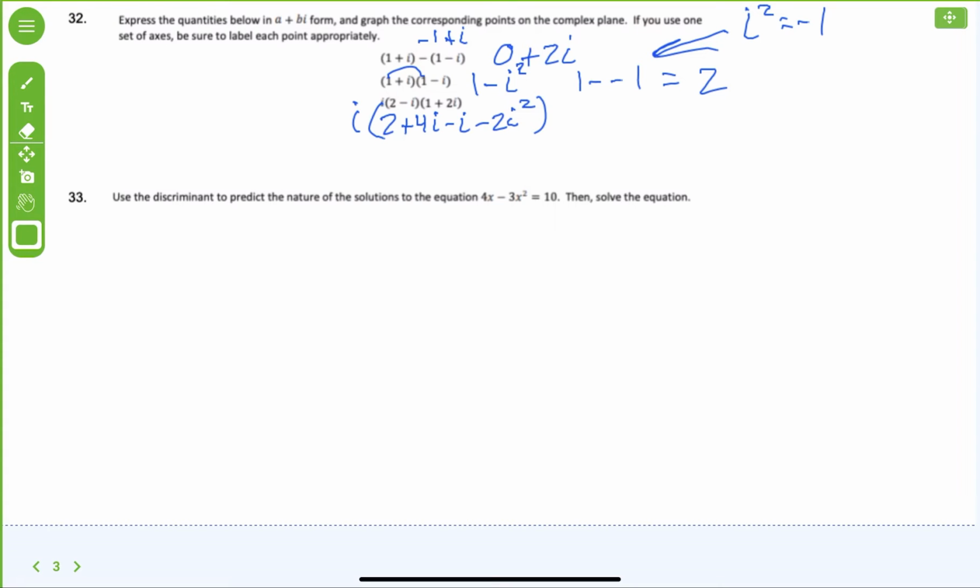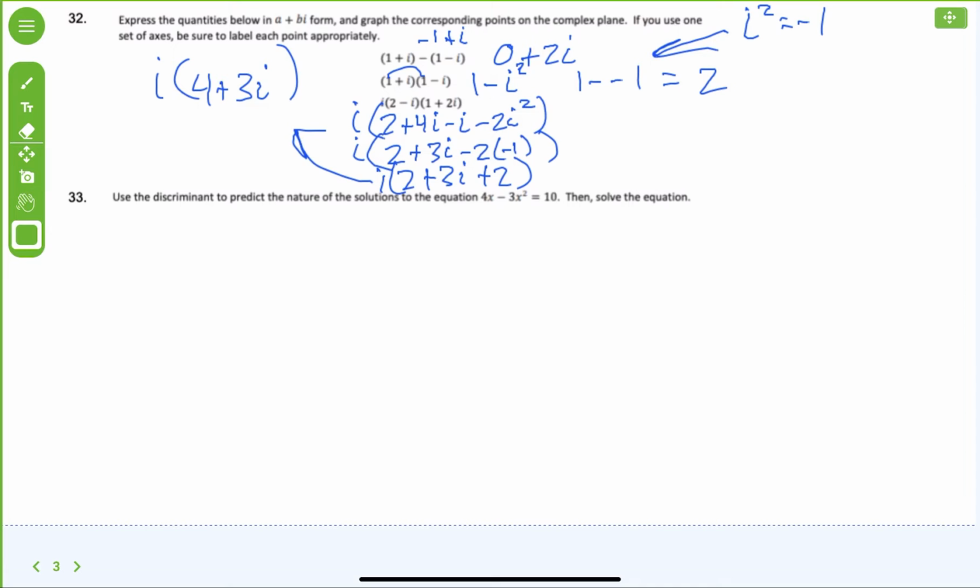Okay. So now we can combine like terms. That's going to be 2 plus 3i. Now this is going to be a negative 2 times a negative 1, so that's going to be 2 plus 3i plus 2. That's actually equal to 4 plus 3i. But remember, we've got our i still out here.